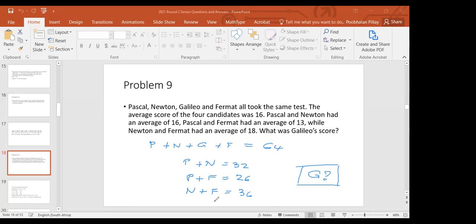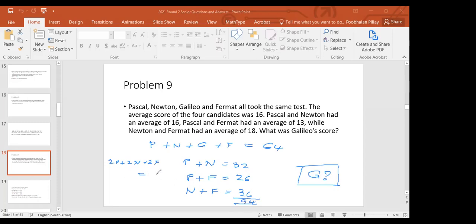When you look at these 3 equations, you'll see you got 2 F's, 2 P's, and 2 N's, right? So a nice thing to do would be to add all of them to get 2P plus 2N plus 2F. When you add up all these, you get 32 plus 26 plus 36, 14, 9.